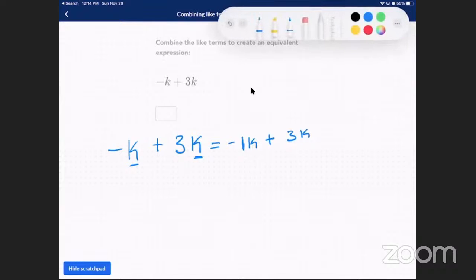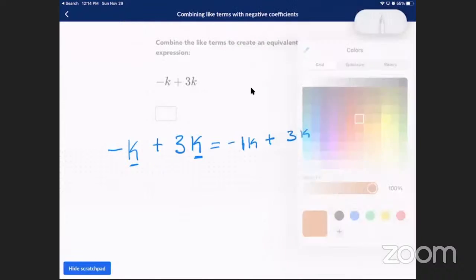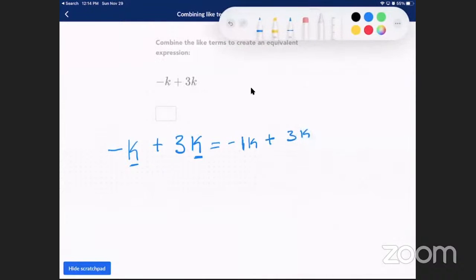The other thing is, trying to make sure.